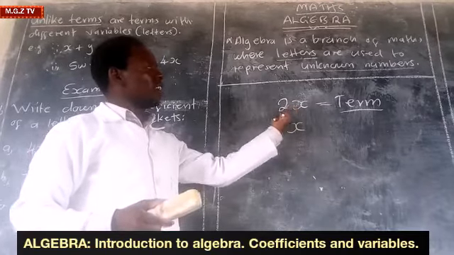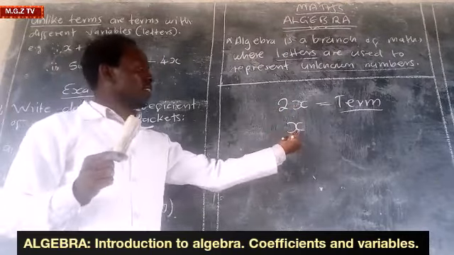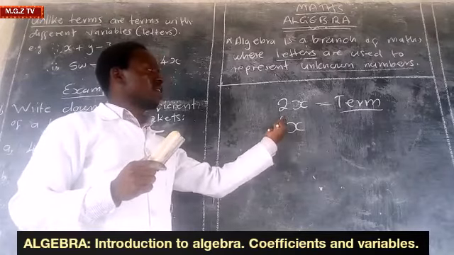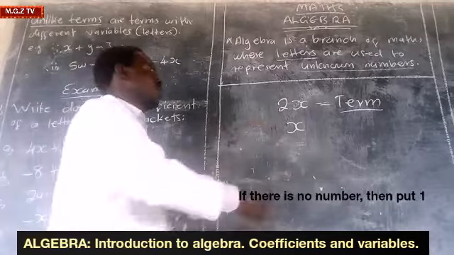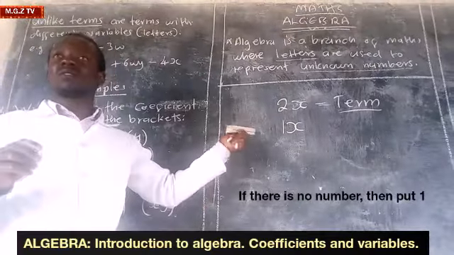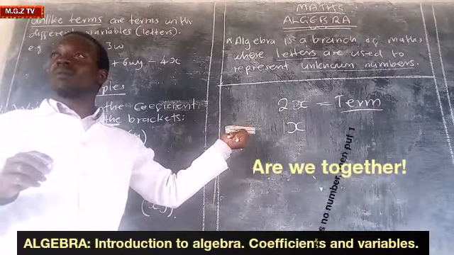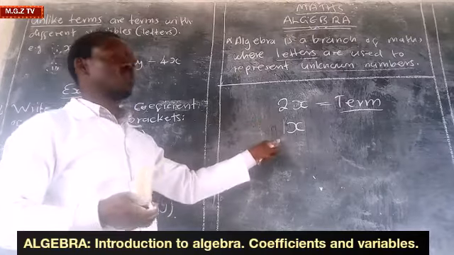Here we have a letter with a number in front, which is 2. But here we have a letter with nothing in front. If there's nothing, what do you do? Put 1. As long as there's nothing in front, just put 1.